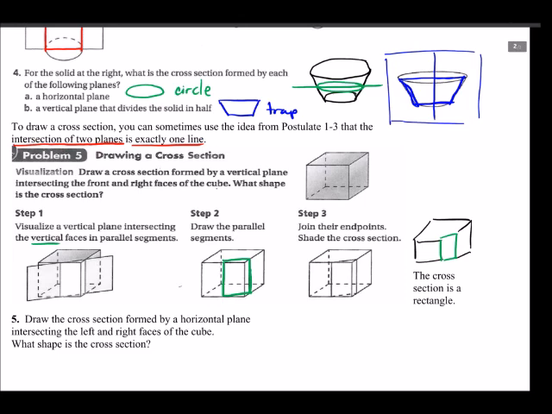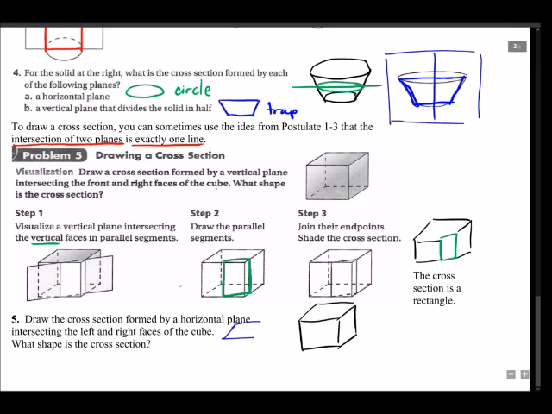Now we'll do this last problem here together. What is the cross section formed by a horizontal plane? So if we have our cube and we cut it horizontally, well, what does horizontal mean? It means cross this way. So we're cutting a plane like that. I'm going to dash in my lines back here.